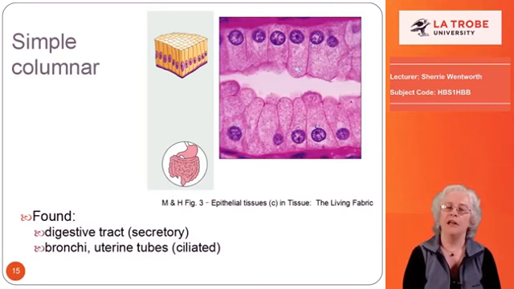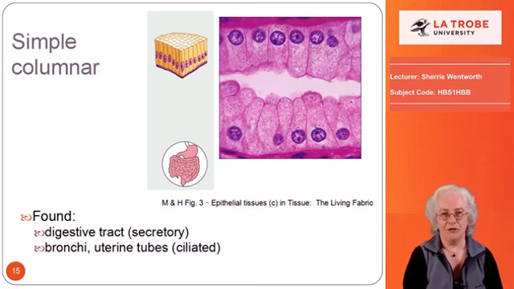The last layer we're looking at is simple columnar, found particularly in the digestive system, in the bronchi and in the uterine tubes. Now in some places their particular function is for secretion, in others to move substances along, so they'll be ciliated, they'll have little hair-like projections on the end of the cell. So this is the idea of the epithelial tissues. We'll next, in the next clip, go into the connective tissues.